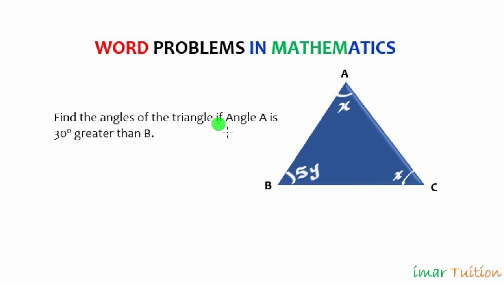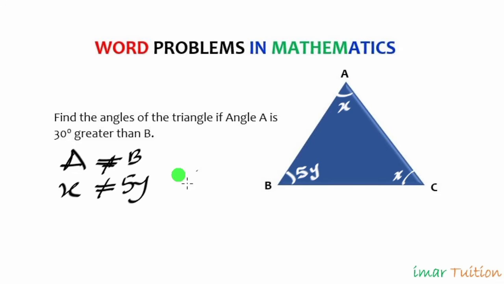Find the angles of the triangle if angle A, which is x, is 30 degrees greater than angle B, which is 5y. So A is bigger than B, which means A is not equal to B. Therefore, x is not equal to 5y.